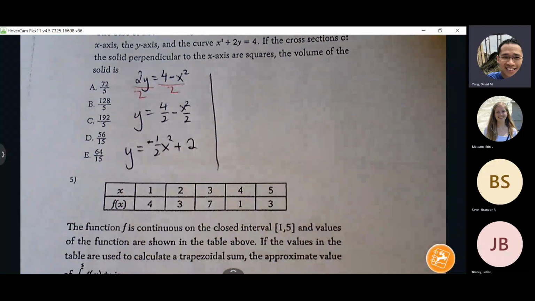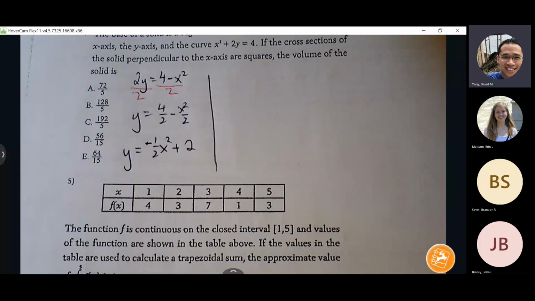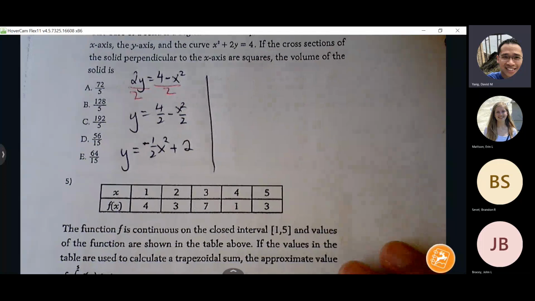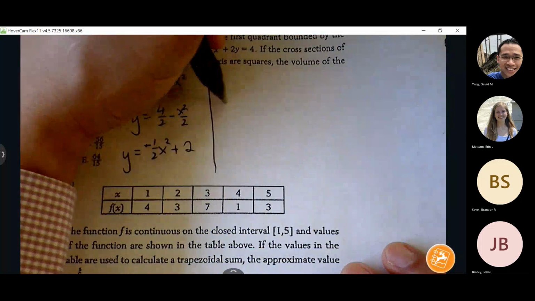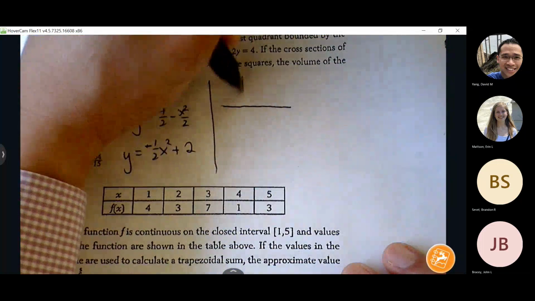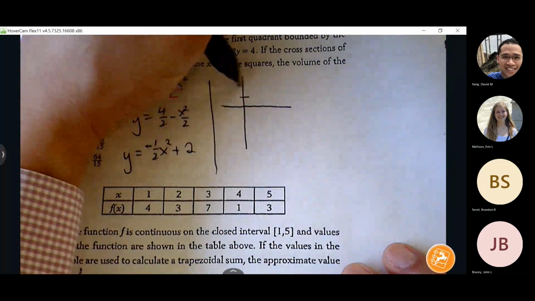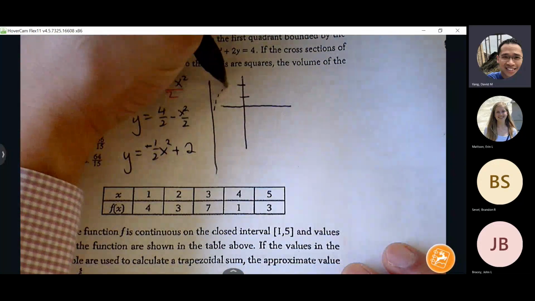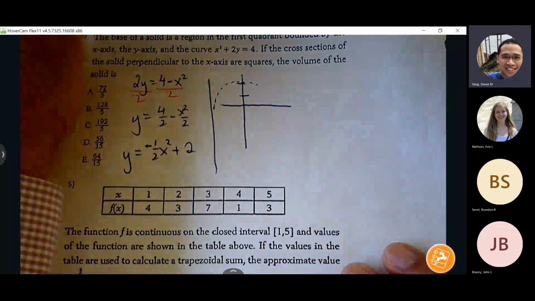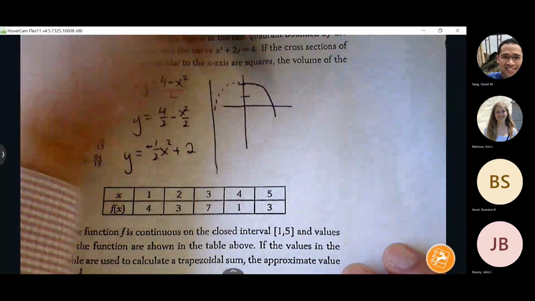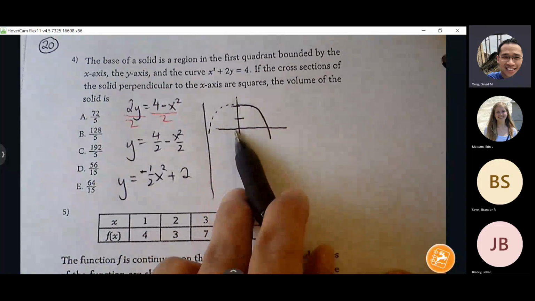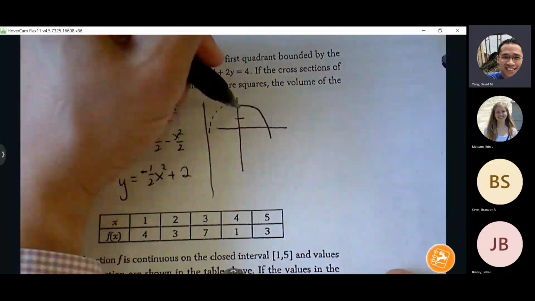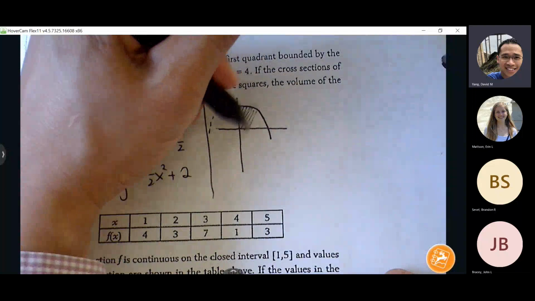That -1/2 just makes it wider, but it's just a downward parabola with a y-intercept of 2. Okay, so this is normally our parabola, but we're talking about the first quadrant. So we want the parabola, the y-axis, and the x-axis. So it's going to be this little quarter-circle looking region here.